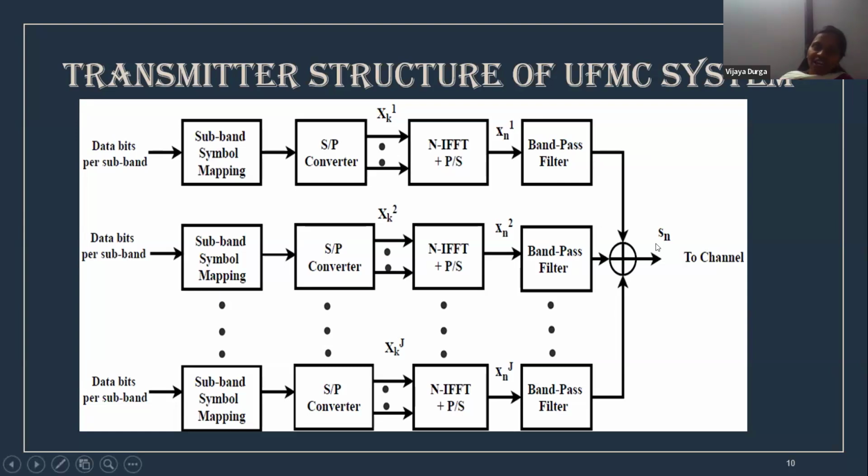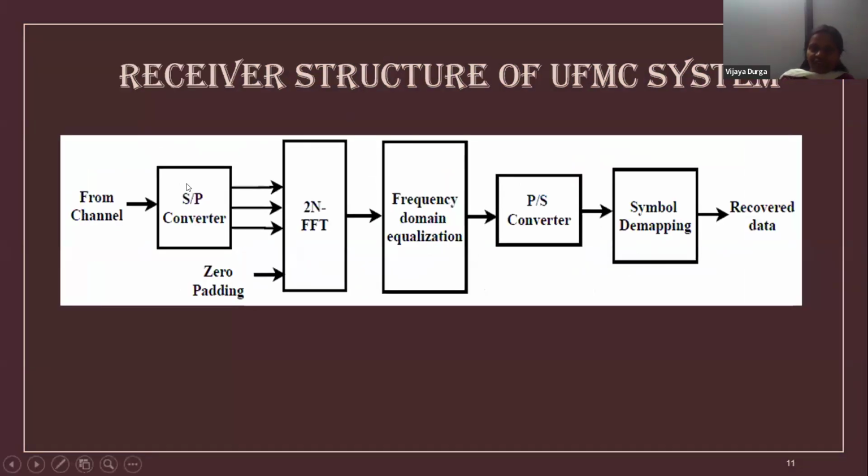Then this UFMC signal is transmitted through a wireless channel. Then this is the receiver structure of the UFMC system. First you do serial to parallel conversion. Then you employ a 2N FFT. The UFMC signal has a length of N plus L minus 1, where N represents the number of subcarriers and capital L represents the filter length.